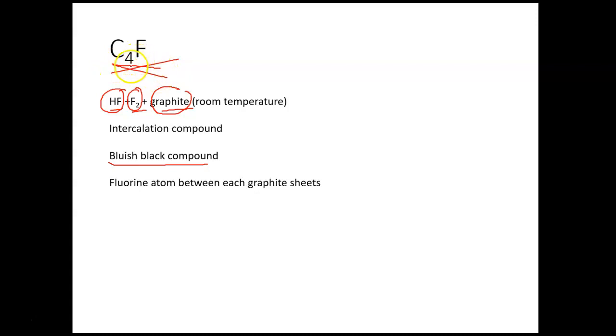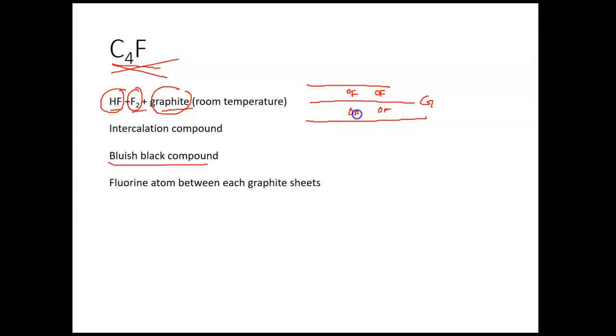The structure of C4F comprises graphite sheets. These lines indicate graphite sheets with regularly spaced fluorine atoms. These are fluorine atoms above and below the graphite layers.